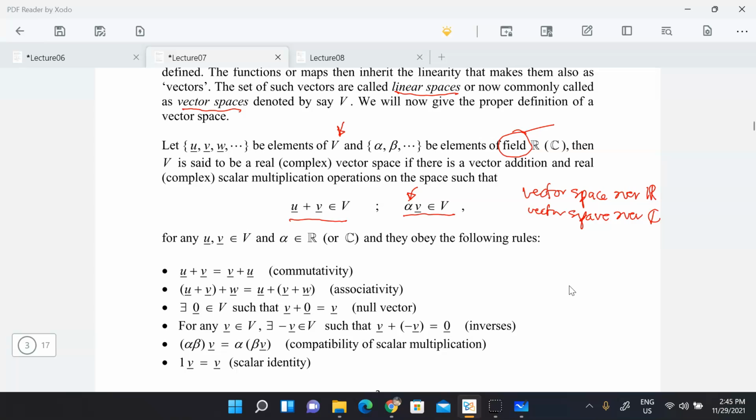When you do vector addition, it is commutative, so you can swap the addition around. And then it's associative, so if you know how to add two vectors, you should be able to add three vectors. And then you have a null vector, which is sometimes called the additive identity.